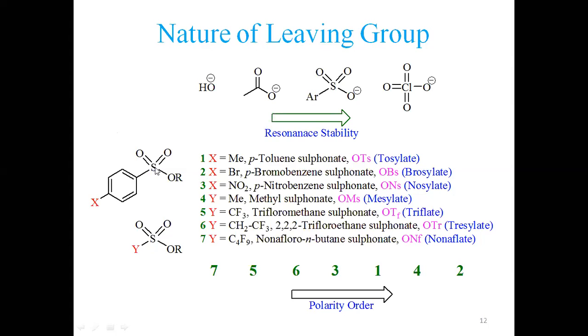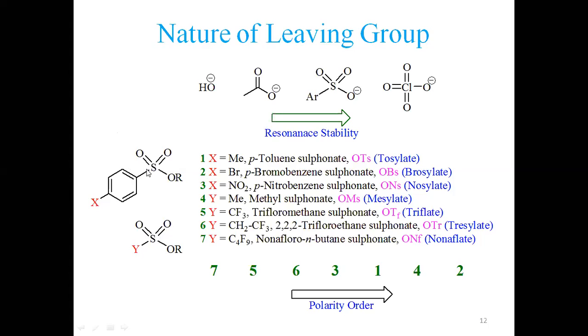In one case, I have attached an aromatic group, which is benzene in this case, and at the para position we have an X group. In the other case, we have sulfur directly attached to an alkyl group with electron withdrawing nature. Let's say in the first case, if this X is methyl, this is called para-toluene.